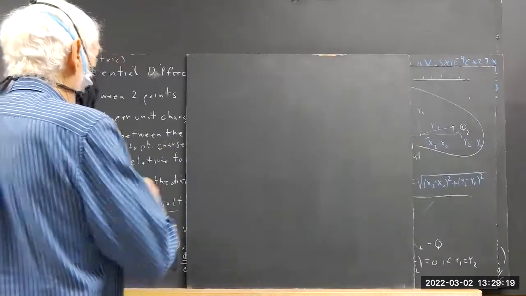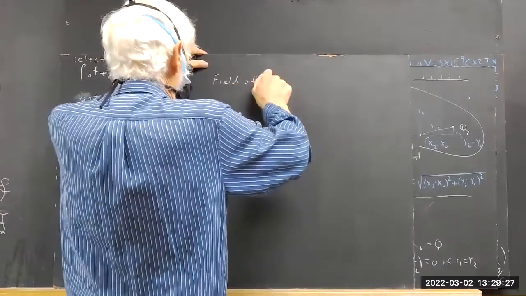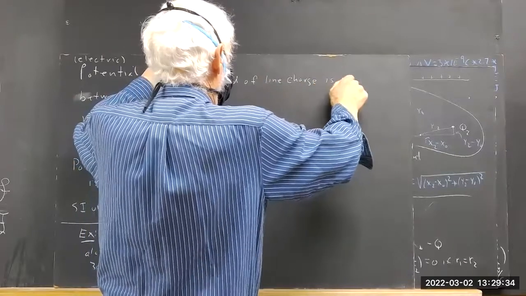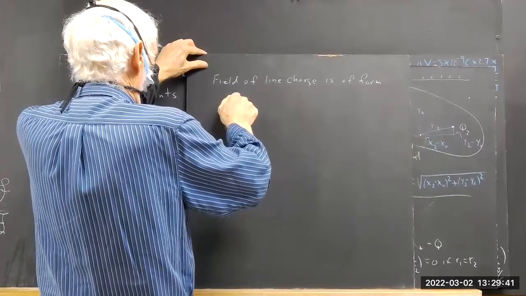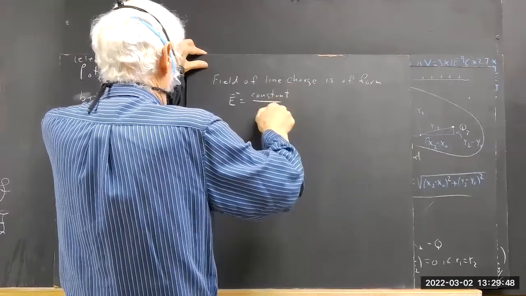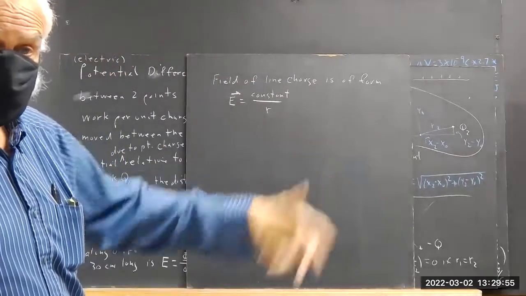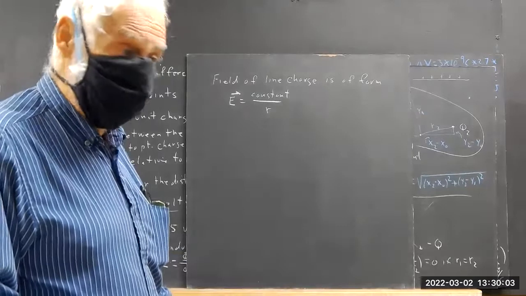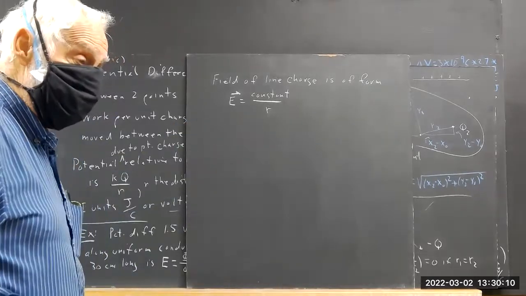Let's just say E is some constant over R. You can easily derive that from Gauss's law, since we spent a whole class on using Gauss's law for a point charge or a line charge.